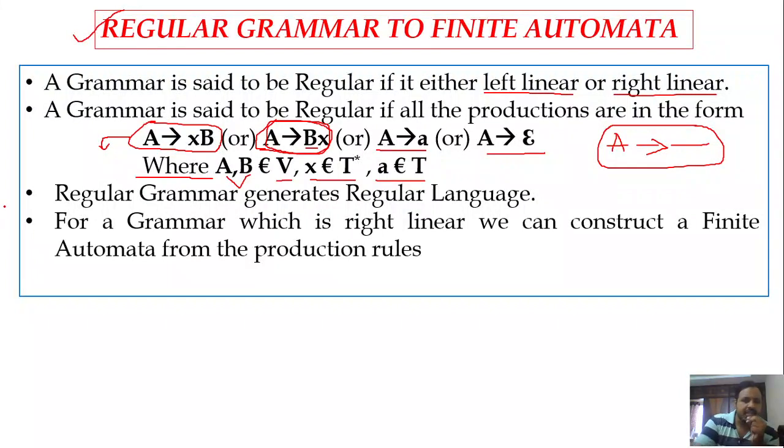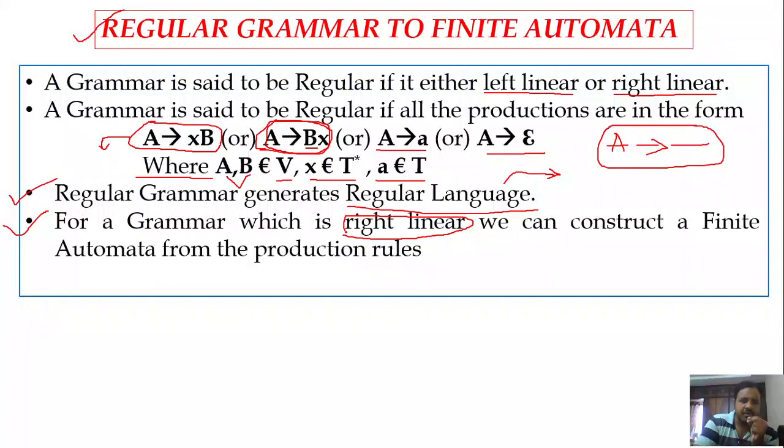Next, regular grammar generates a language called regular language, right? And the automata which accepts regular language is finite automata. Now, to convert the regular grammar into finite automata, here we are considering only the right linear grammar, right?